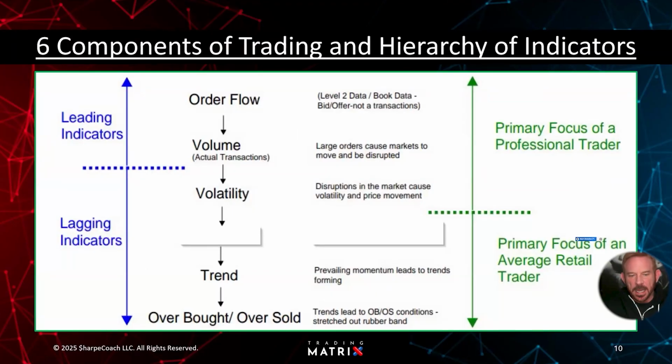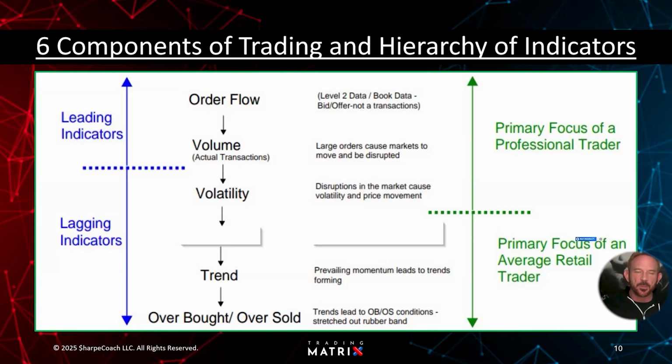This hierarchy, I encourage all of you to make sure that you write this down and you understand it, and you take this and you be very honest with yourself about where your method, your indicators, how you trade, how does it stack up inside of this hierarchy? What do you do inside of this hierarchy, and what don't you do? This is a phenomenal schematic for you to identify what you do well and for you to find your holes.